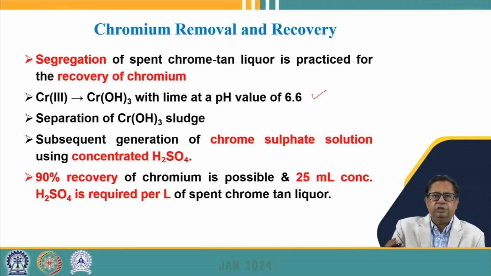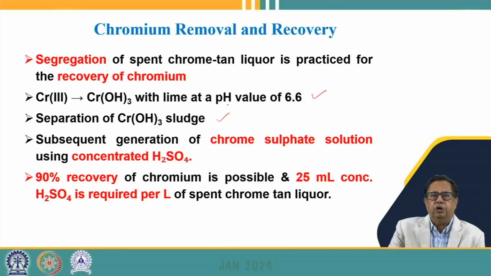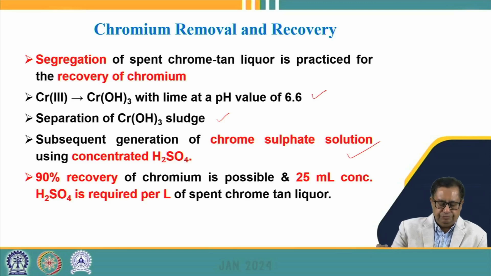Later on, this sludge can be separated out by a filtration process or by settling, and then this sludge can be used for the recovery of the chromium 3. If we treat this sludge using concentrated sulfuric acid, then a chromium sulfate solution may be formed, and this chromium sulfate solution may again be used for the chrome tanning process.